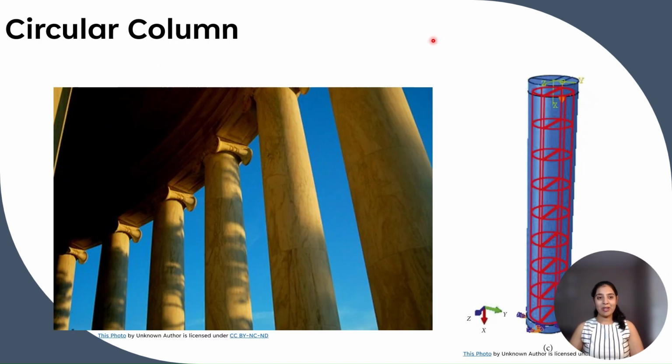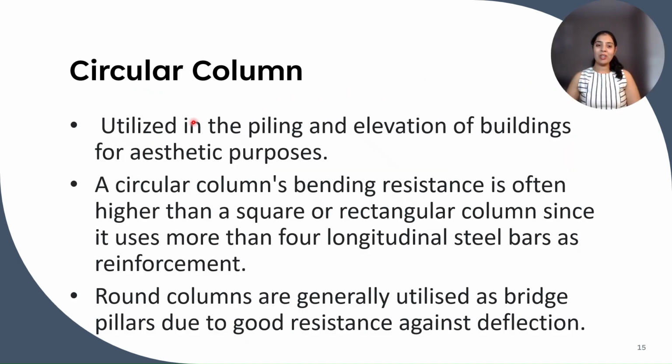Next type of column is a circular one. Here you can see these circular columns. So circular columns are used in piling and elevation of buildings for mainly aesthetic purposes. And it has bending resistance higher than square or rectangular column.